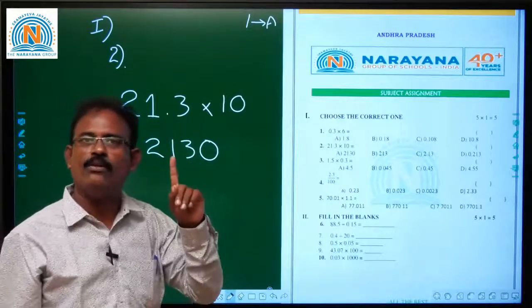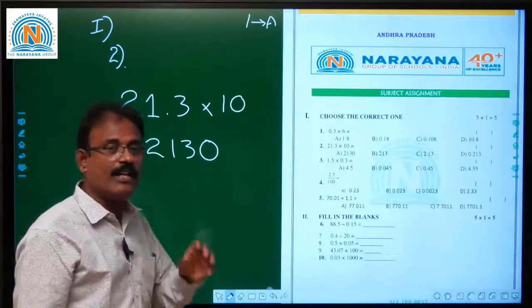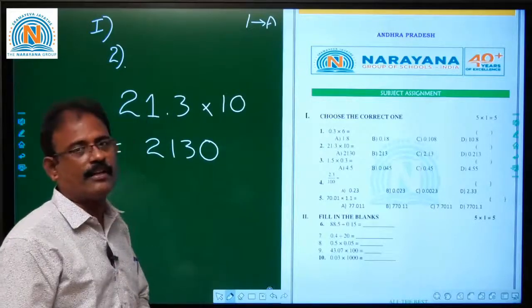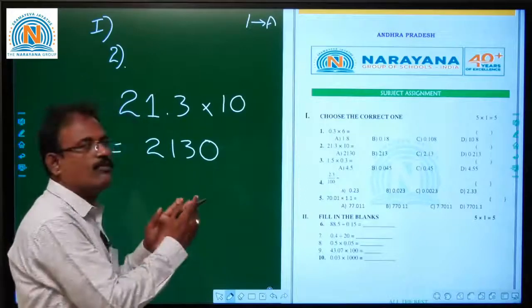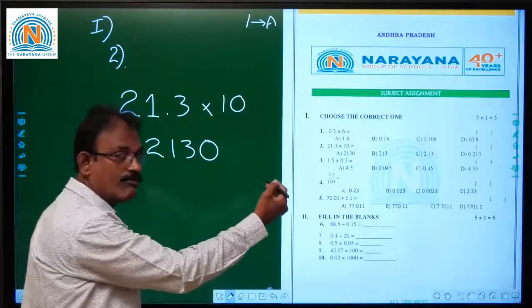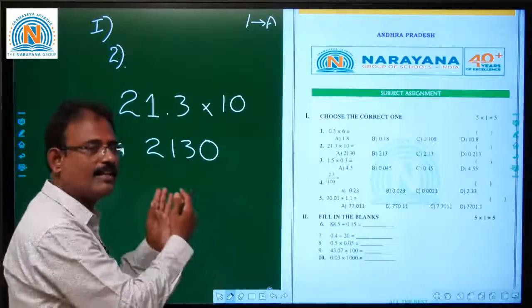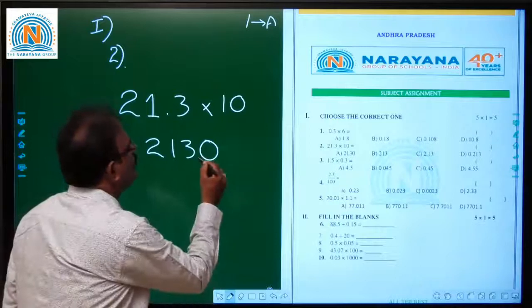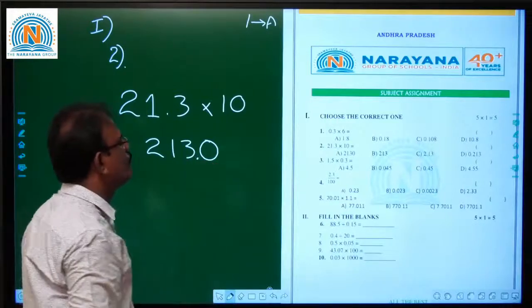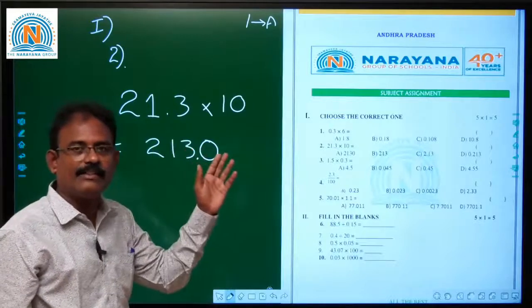Only one digit, nothing but 3. So in this product we have to keep the decimal point one digit before. Let us count from right to left, that means from units to tens, hundreds, thousands. So one digit here. What is the product of 21.3 and 10, children?